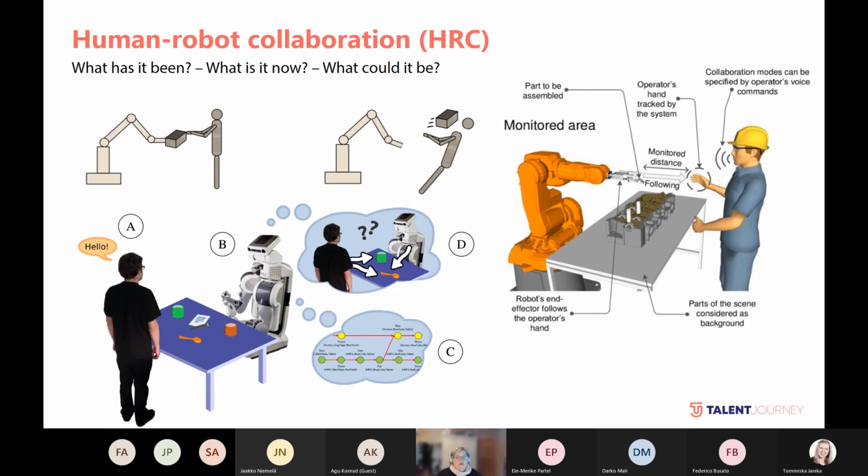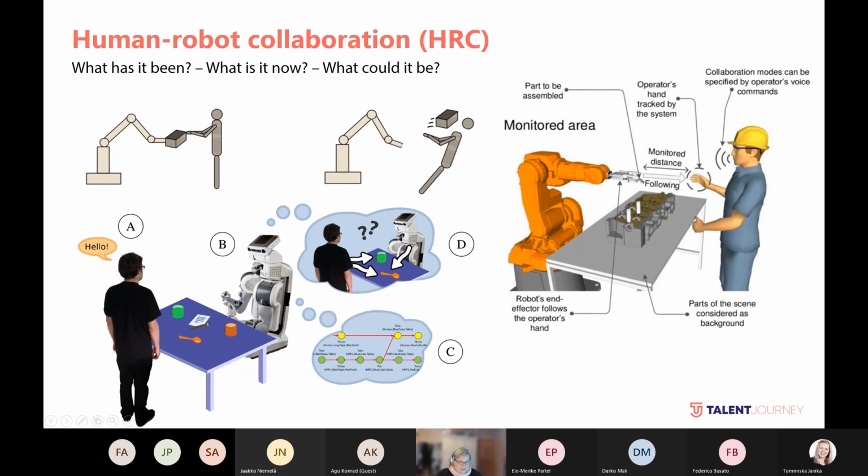The big and powerful traditional industrial robots in no way noticed the presence of a human being. They didn't stop if a human came to the work area and could thereby cause even really dangerous situations, as you can see in this series of pictures here. This is what it has been.